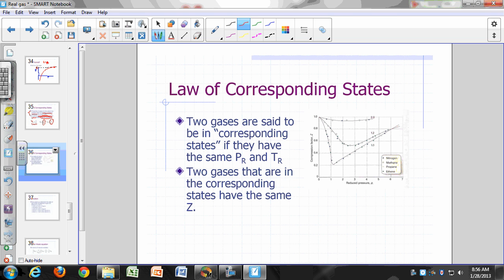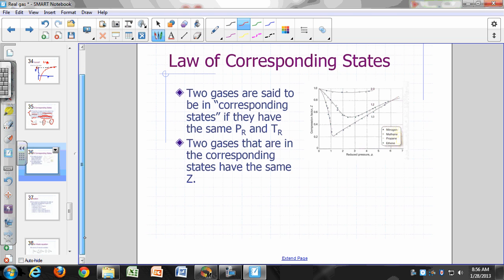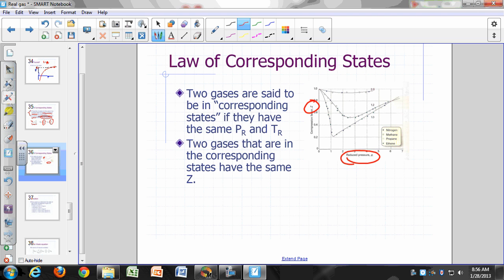Here's a plot that illustrates the law of corresponding states, or the principle of corresponding states. It's kind of hard to see. This is a plot of Z versus reduced pressure. Notice that the gases plotted here are nitrogen, methane, propane, and ethene.